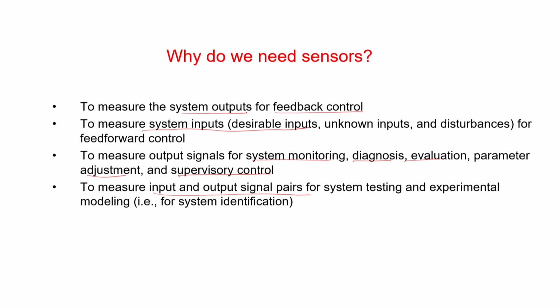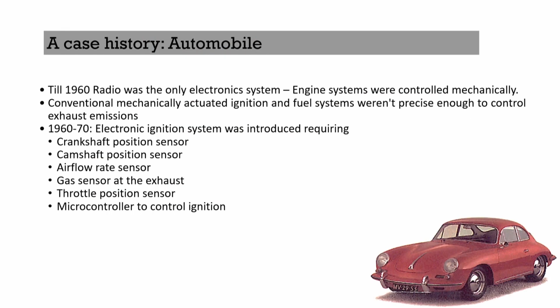Now, let us come to a case study of automobiles. If you look at an automobile, till 1960, the only intelligent electronic system in an automobile was actually radio. Engine systems were controlled mechanically, using all those mechanisms that we have discussed, and conventional mechanically actuated ignition and fuel systems were, however, not precise enough to control the exhaust emission.